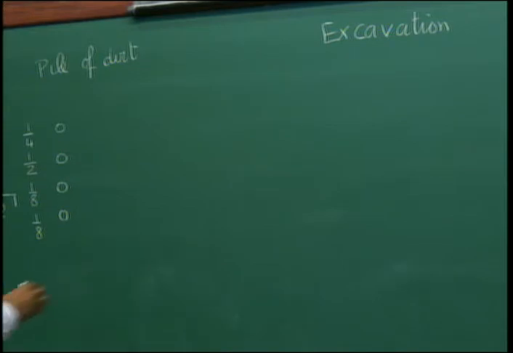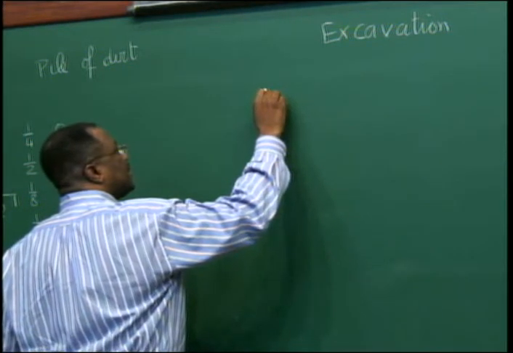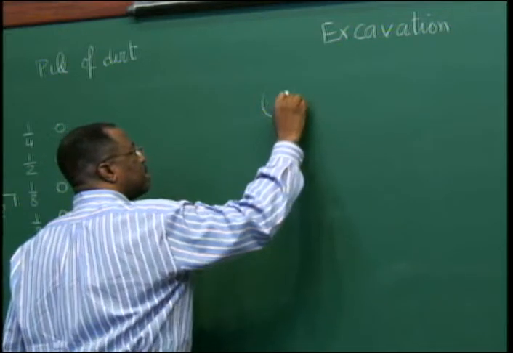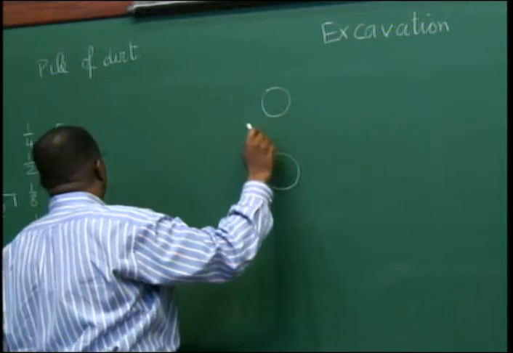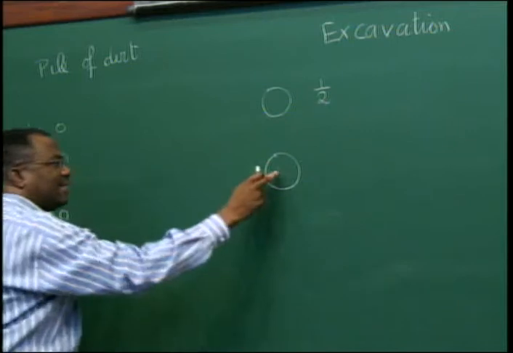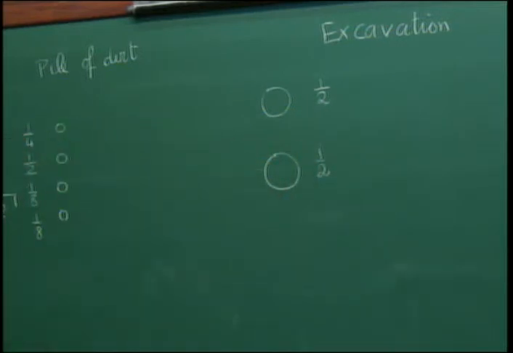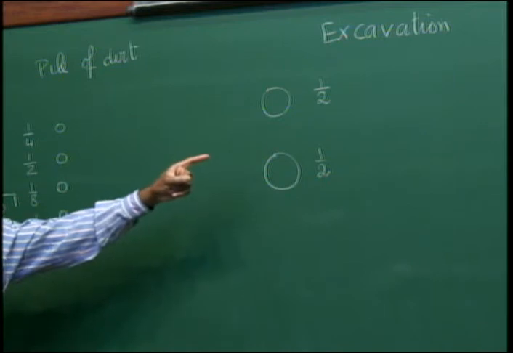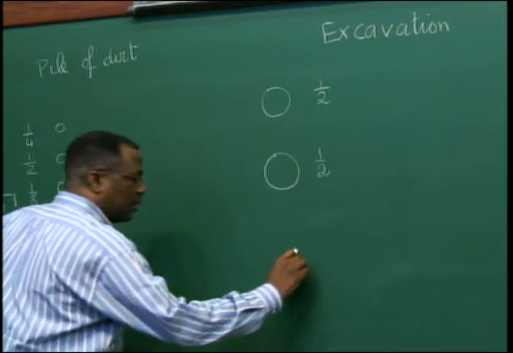So assume we have some holes somewhere. This first hole can support a mass 1/2, and that second hole can support a mass 1/2. So we are looking for a strategy to transport this whole pile of dirt to those holes. So these are holes.